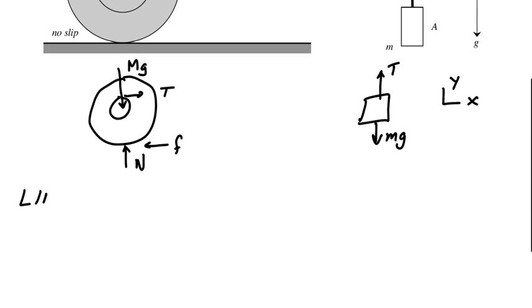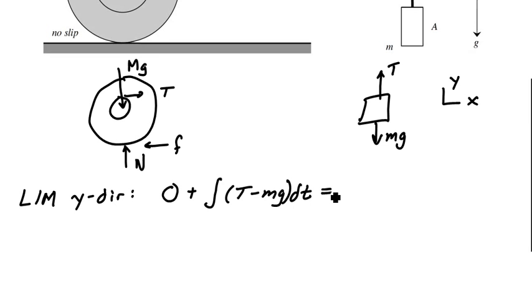So I'm going to go ahead and define my x and y coordinates as I often do, and I'm going to apply the linear impulse momentum equation to the block in the y direction. We know that the block is initially not moving in the y. I'm then going to have a net impulse on this, which is the integral of T minus mg times dt, and that's going to equal the final momentum in the y direction, which I'm going to write as minus m times what I'll call v2.